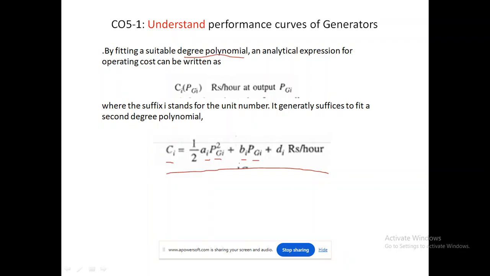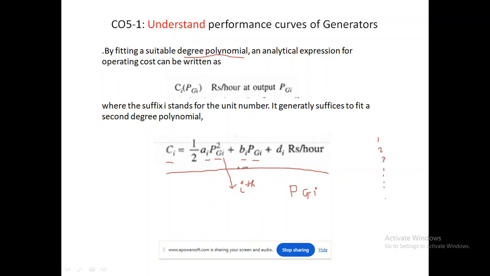So here PGI is the output power from the ith plant. I here indicates that it is from the ith power plant. So first power plant, second power plant, like that: plant one, plant two, plant three.